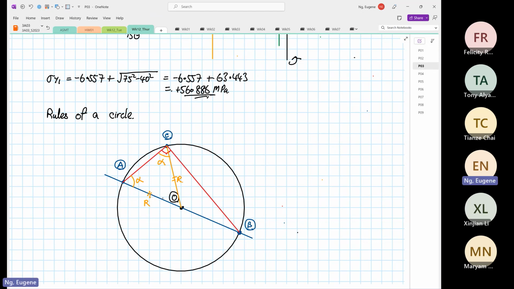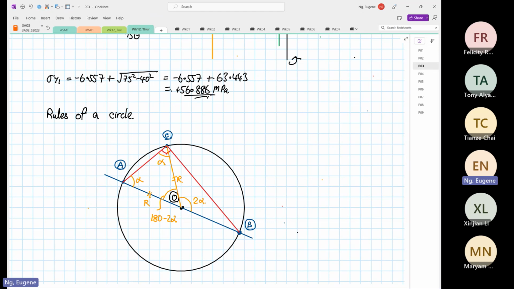When that's the case, the angle over here is equal to 180 minus 2 alpha. That makes this angle over here 2 alpha.